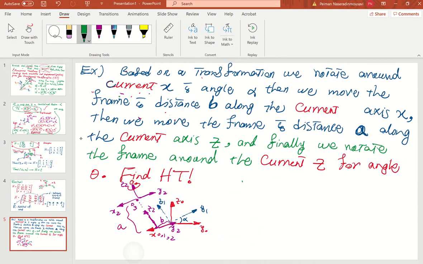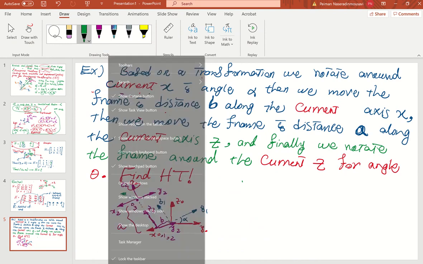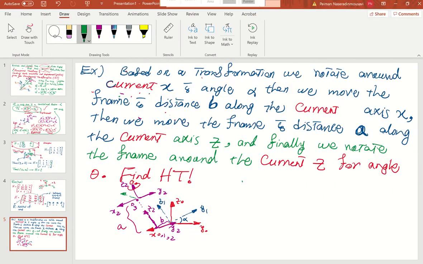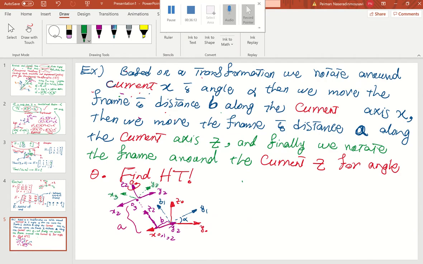So this is gonna be x3 and the y3. We are rotating around this. Understand? So we want to know both the rotation and displacement of these x3, y3 and z3 with respect to our x0, y0, z0.